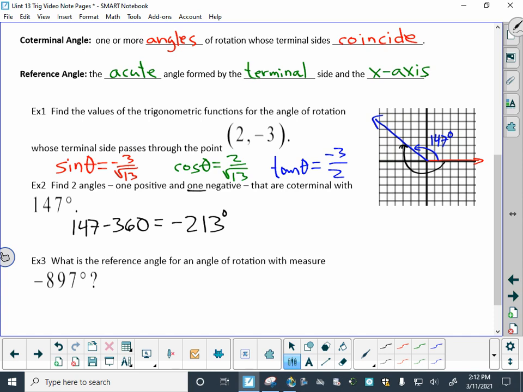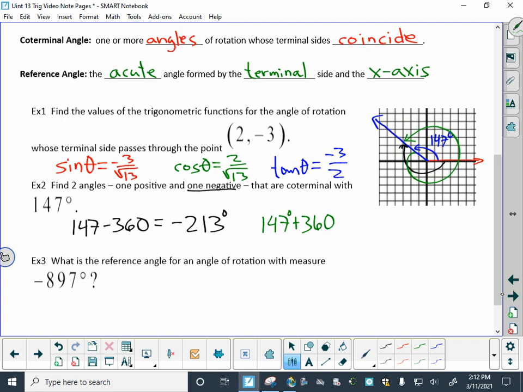So there's the negative one. If I want a positive one, well, I could just take one more lap around before I get there. And one full lap around is 360 degrees, so I could do 147 degrees plus 360 degrees.